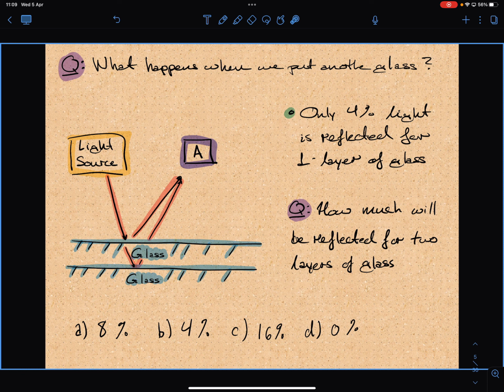Think about it for a minute. When you're thinking about this, try to think about a physical mechanism that will give you the answer.